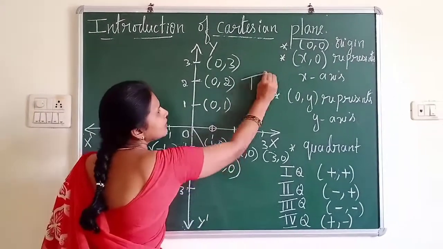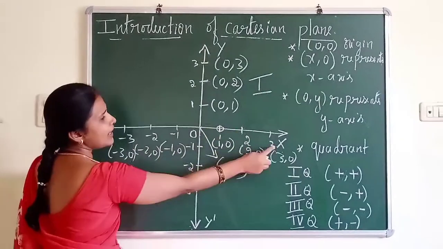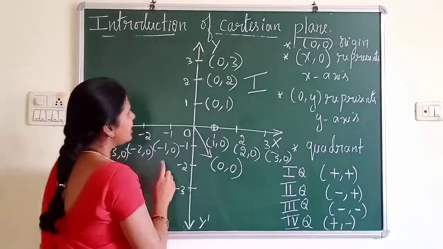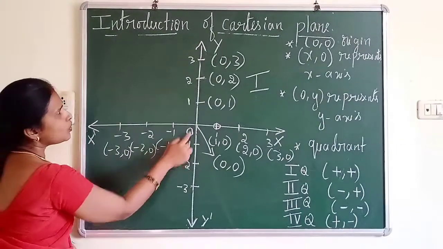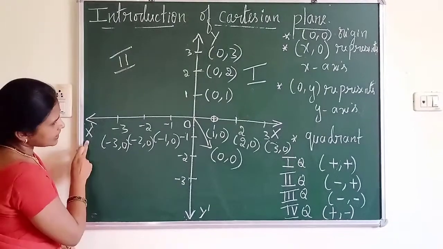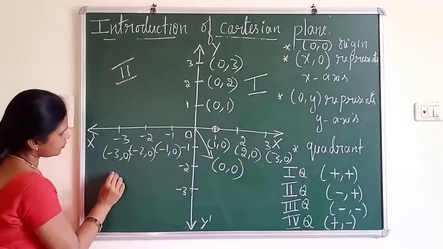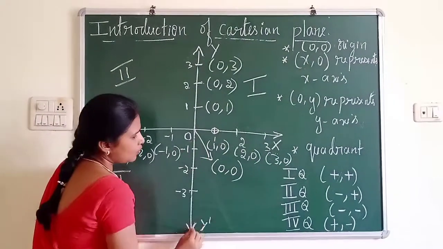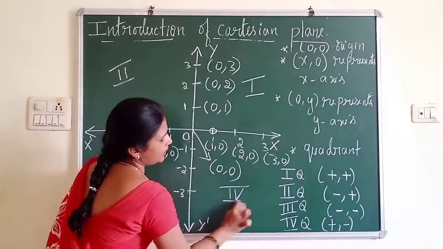This part of the plane, that is XOY, is called the first quadrant, X'OY is called the second quadrant, X'OY' is called the third quadrant, and XOY' is called the fourth quadrant.